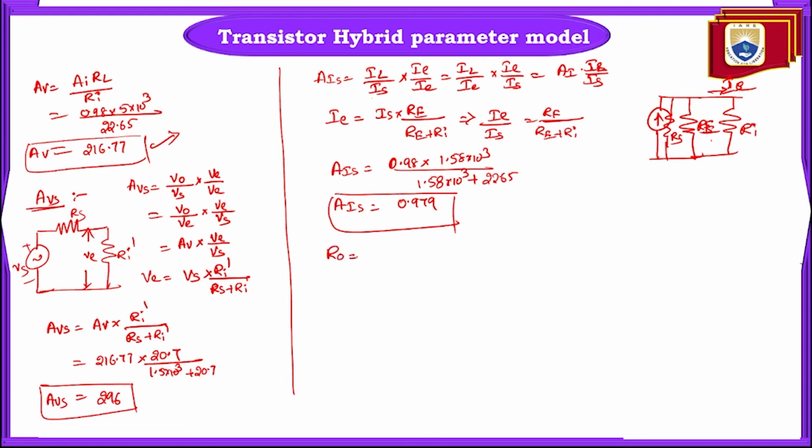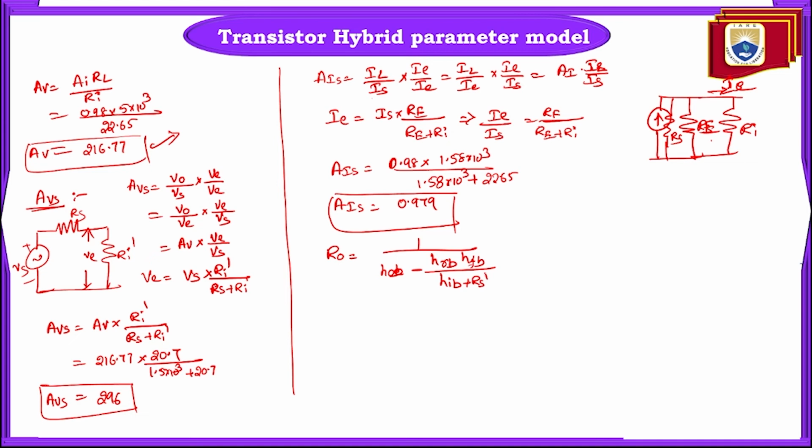Now find out R0. R0 value can be given by 1 by HOB minus HRB into HFB divided by HIB plus RS dash.